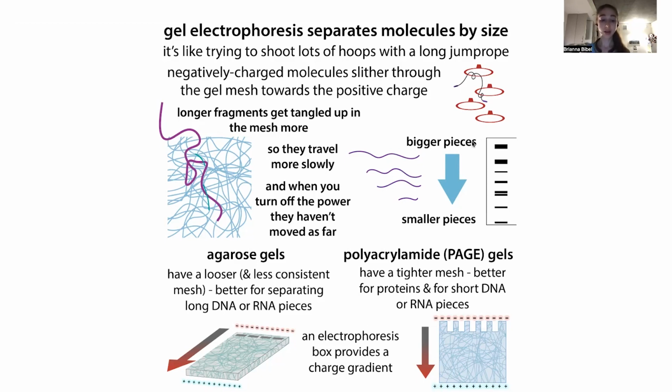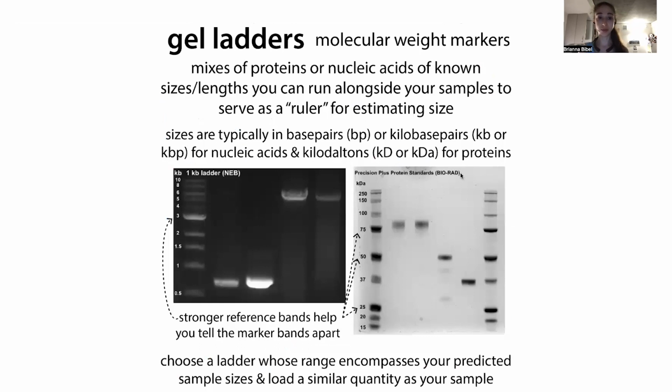So we need something to compare it to, and this is where the molecular weight markers or gel ladders come in. These are a mixture of molecules of known size that you can run alongside your sample in order to use them as a sort of ruler to estimate the size of your molecules. And you can see that, unlike a normal ruler, the spacing of these is not evenly set apart.